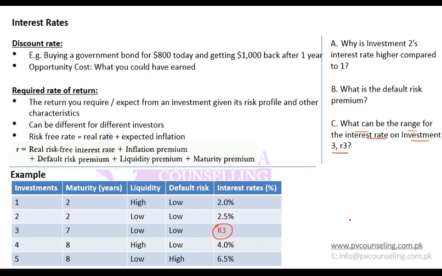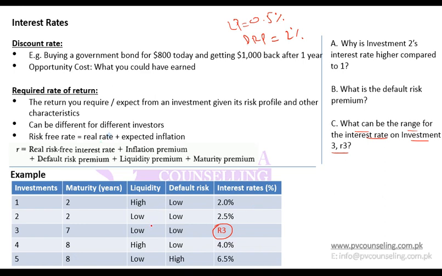Sorry, liquidity premium was 0.5%, default risk premium was 2%. So what should be the minimum return or maximum return on investment number 3? Right.